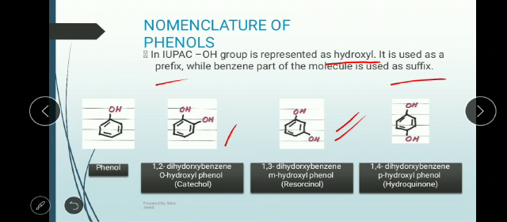Next is when the OH is on 1st and 4th position, para to each other, then you can write 1,4-dihydroxybenzene, and it is also called hydroquinone. Common names hydroquinone, resorcinol, catechol, or other common names like ortho-hydroxyphenol, meta-hydroxyphenol, para-hydroxyphenol.